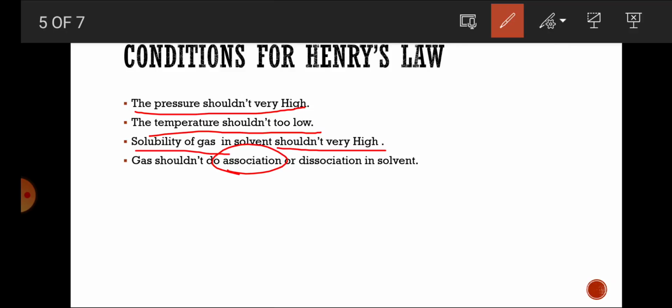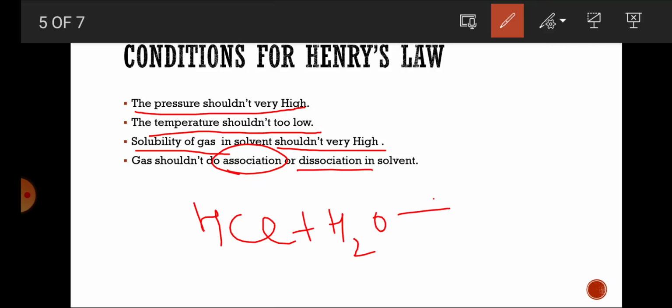An interaction between the solute and solvent molecules will make Henry's law inapplicable. So there should not be dissociation. Dissociation means, if you think of HCl, if we add HCl in water, then H positive and H3O positive are formed.